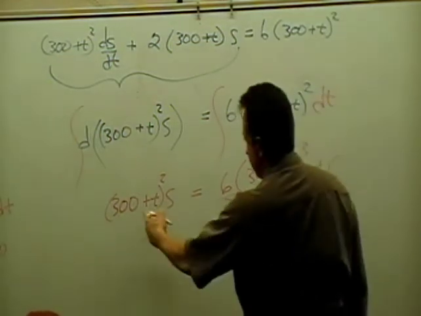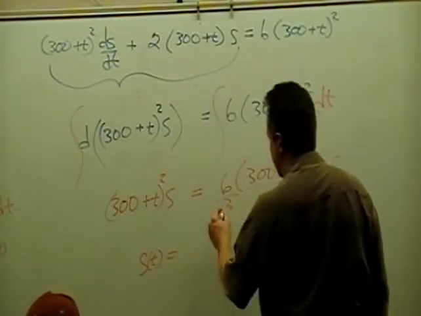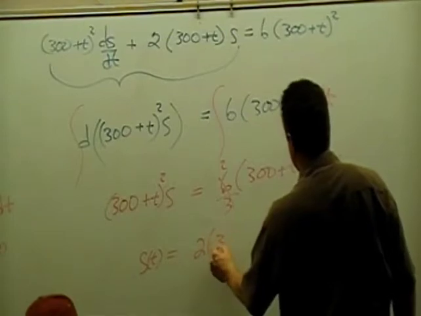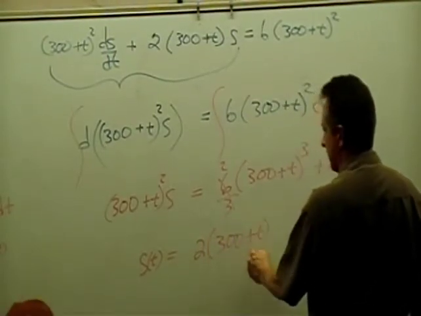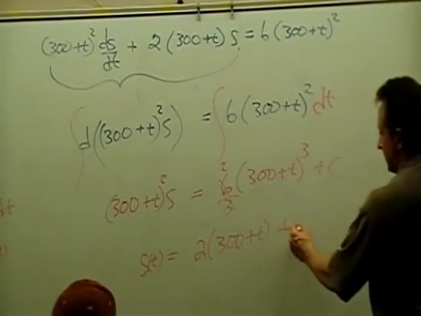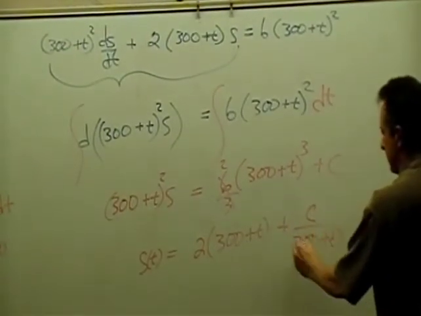So dividing this out, s of t now equals 2 times (300 + t), because if you divide on the other side, 2 of these will go, plus a constant divided by (300 + t)².